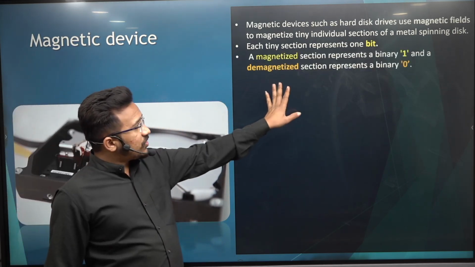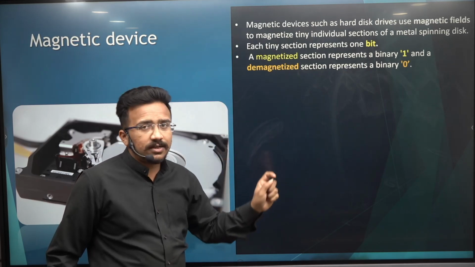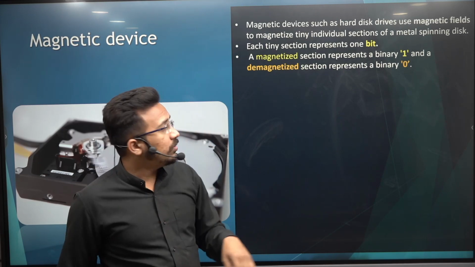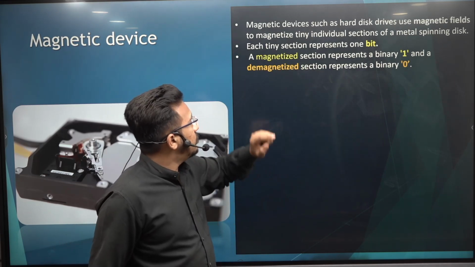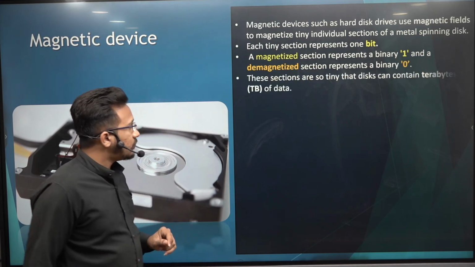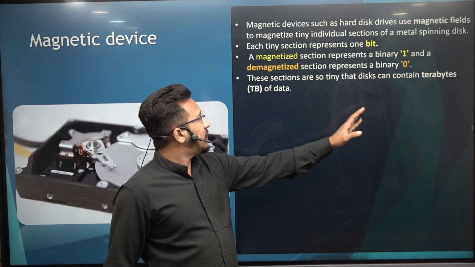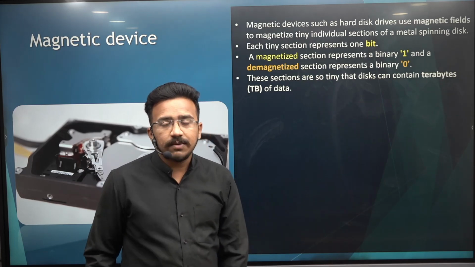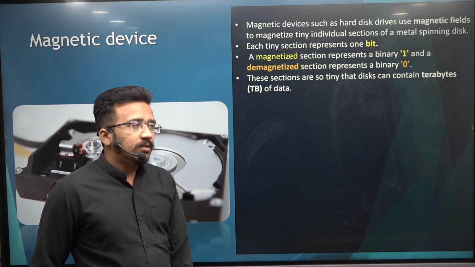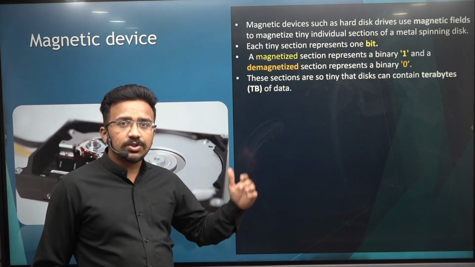The magnetized sections represent binary 1 and demagnetized sections represent binary 0. These sections are so tiny that a disk can contain terabytes, TB, of data, which means you can have 1000 GB storage capacity.